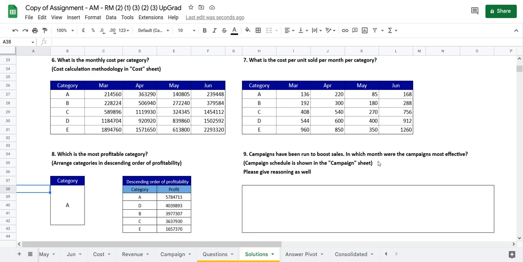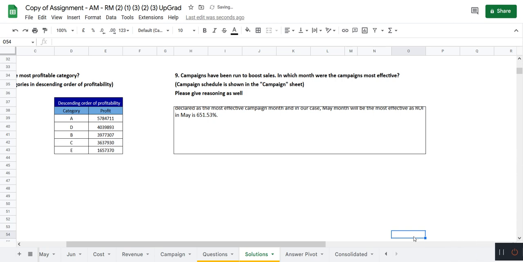For finding out the month in which the campaigns were most effective, we have to find out ROI. ROI stands for rate of interest. Okay, so I'll just type the answer quickly so you can go through it. So this will be the answer for the last question.